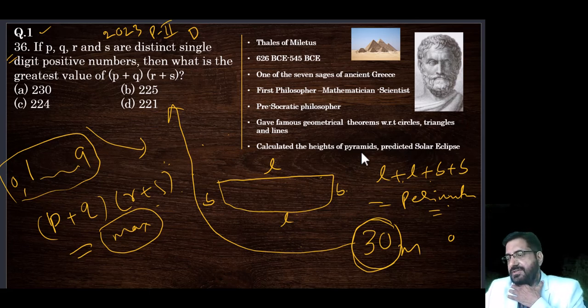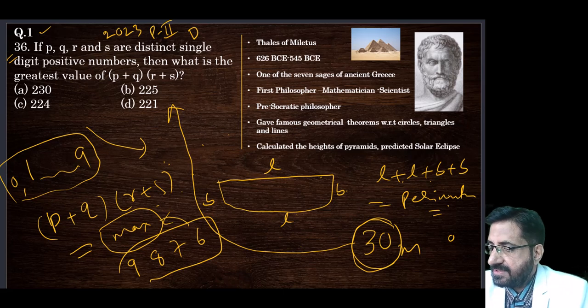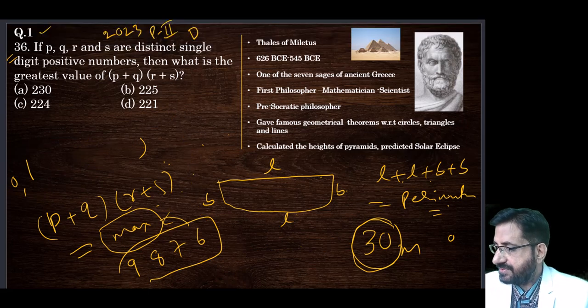P can be, you have to get the maximum value, so you have to choose 9, 8, 7, 6 so that you will get this maximum value. But the thing here is how you are going to arrange these, whether 9 plus 8 or 9 plus 7. How are you going to arrange these things?